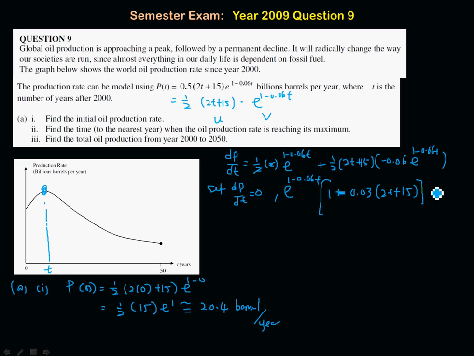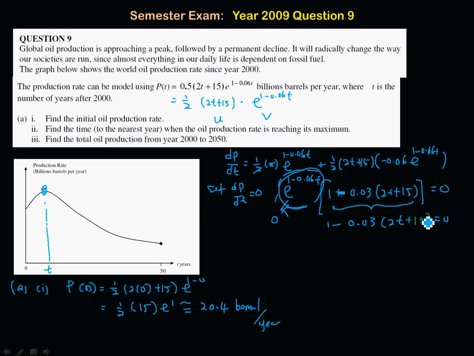We set this to 0. The e to the power something term will never be 0, since an exponential function is never 0, so this expression must be 0. I'll leave the algebra to you.